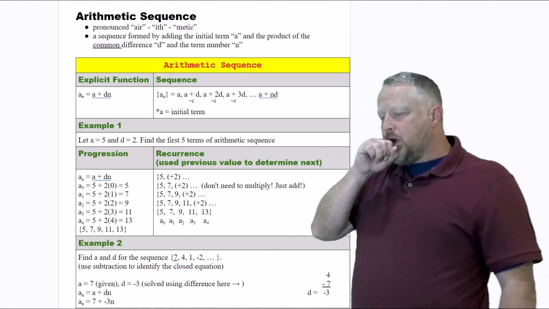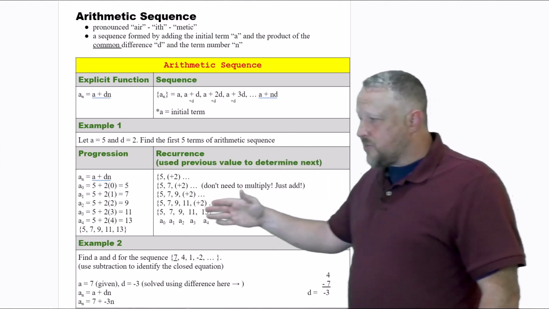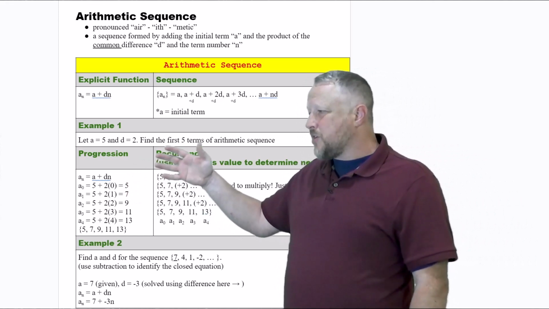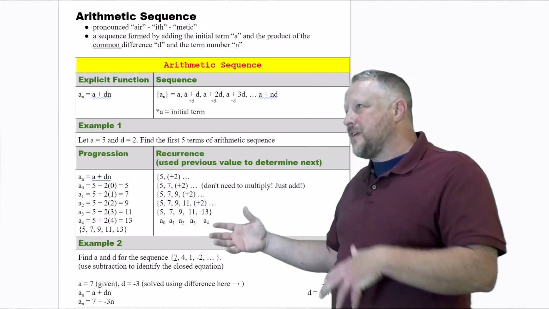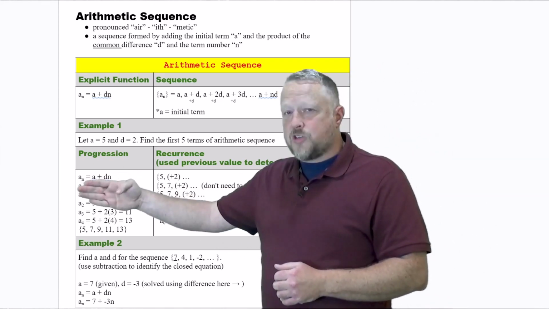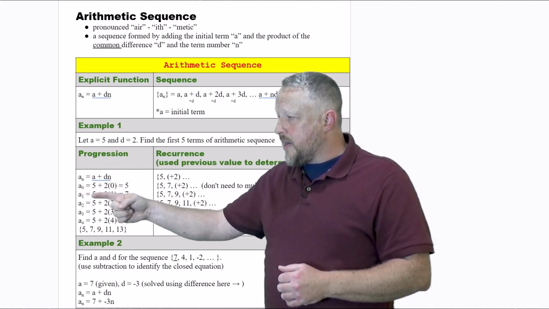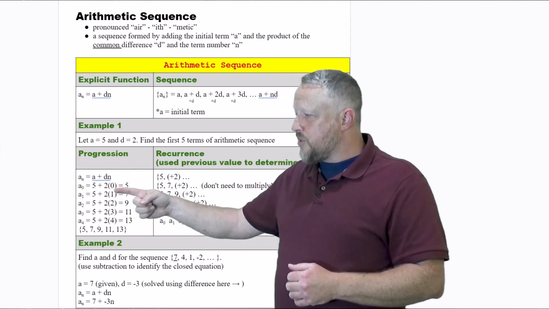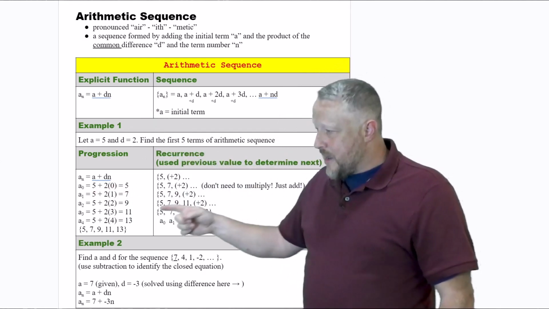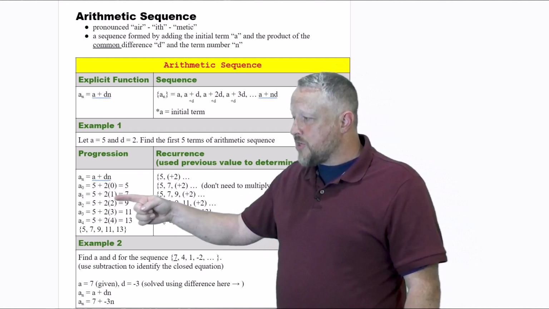Now, there's a big difference between this and a progression. This is also going to be called an explicit function, because really what I'm doing is I'm not using a previous value. All I'm doing is plugging in. There's our n of 0, 5 plus 2 times 0 equals 5. Duh, but where did I get that from? It was the explicit function. Now I put in 1. 5 plus 2 times 1 equals 7.